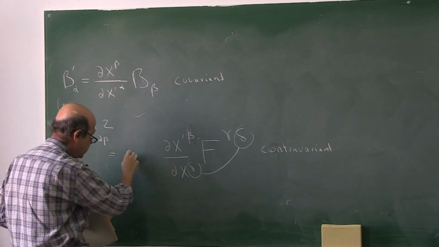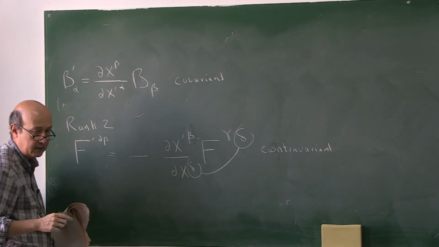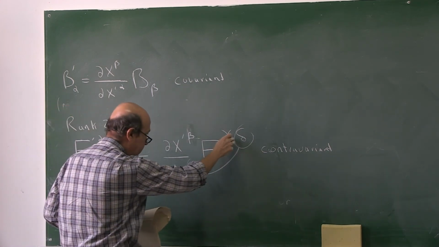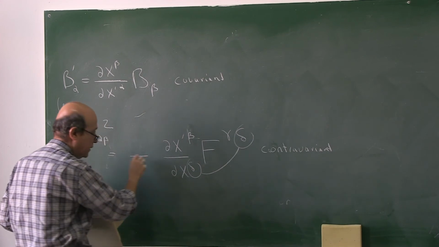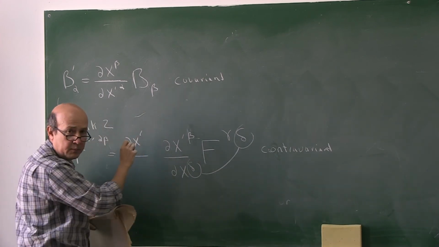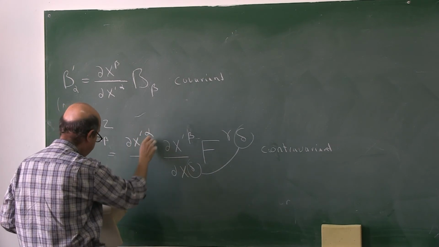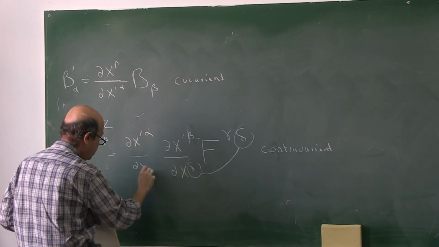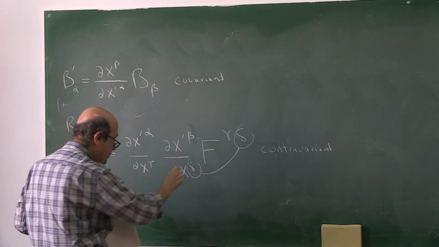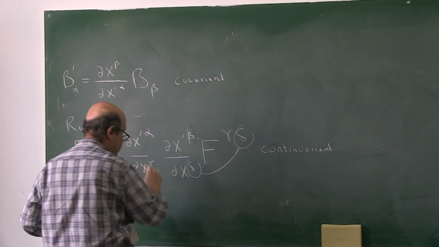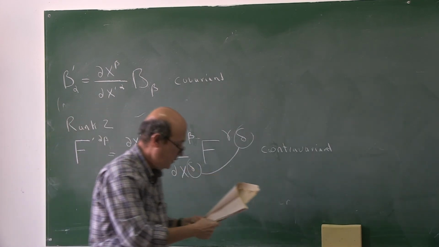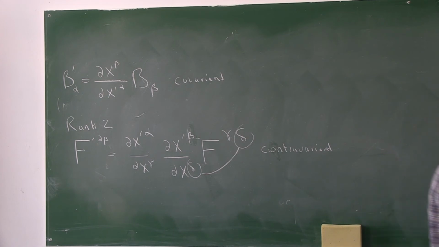So tell me, for the other one, what do I have to write? I need to sum this, ∂x'^α over ∂x^γ. So look with your eyes: if you see a dummy index, those are summed, they contract, and look at the free indices. They should agree with each other.